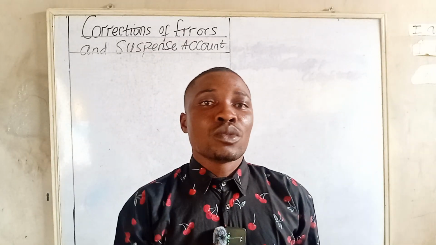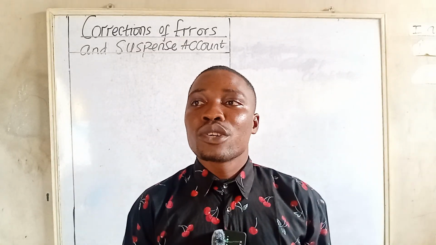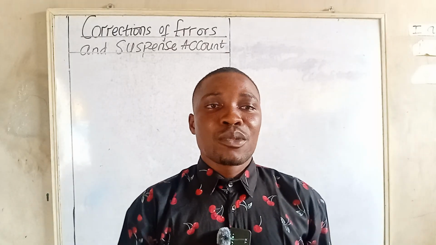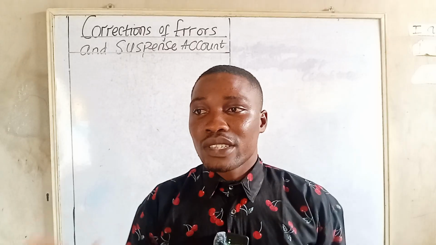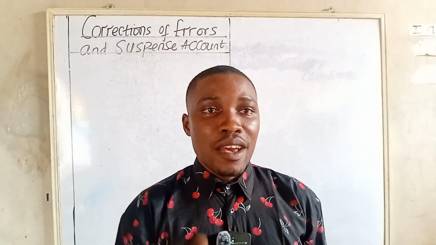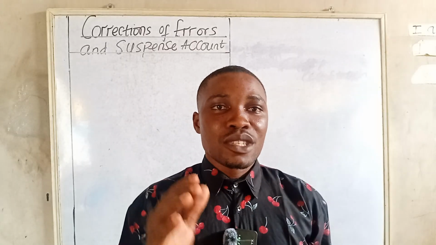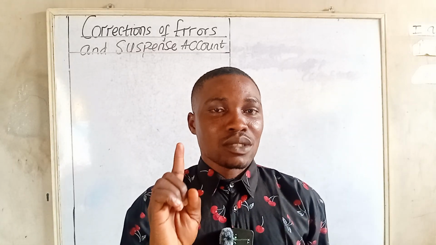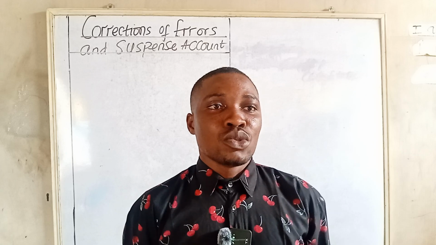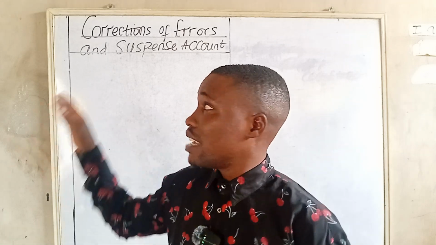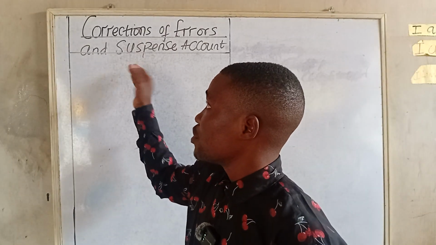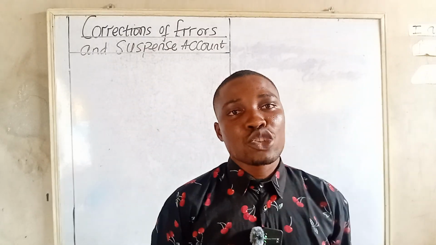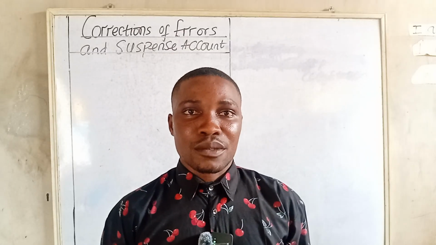Now, we all know that the rule of double entry is that for every debit entry, there must be a corresponding credit entry. And for every credit entry, there must be a corresponding debit entry. So that's one keynote you have to know before you dive into this topic. The second thing that you need to know is what we call a trial balance.